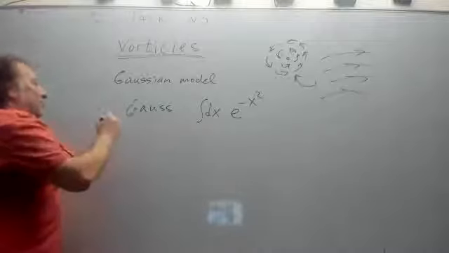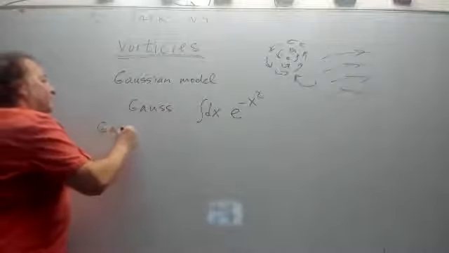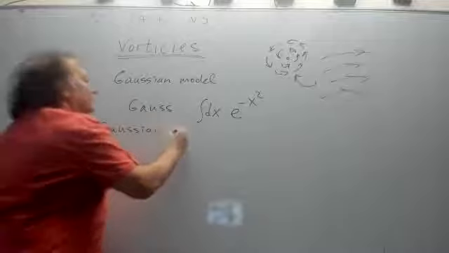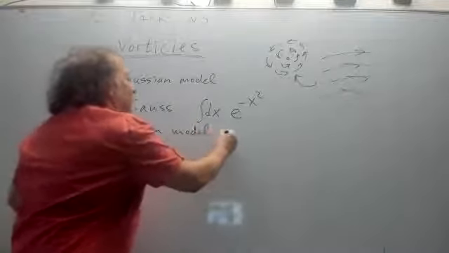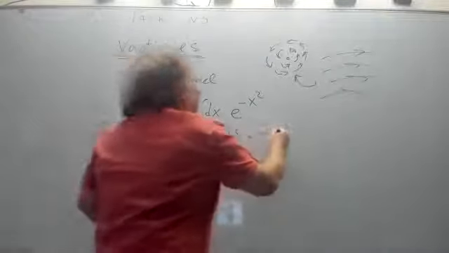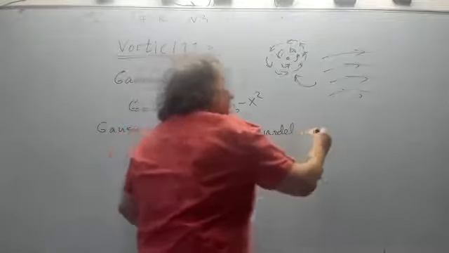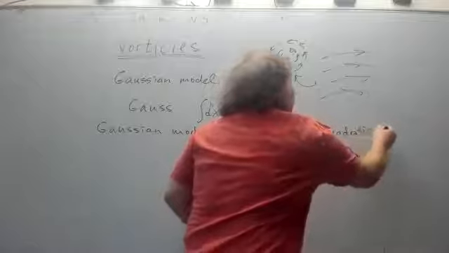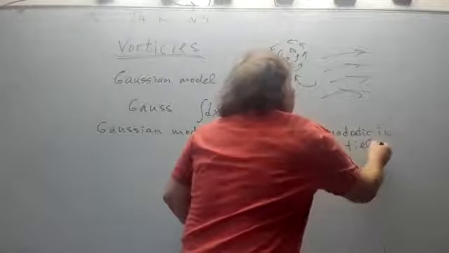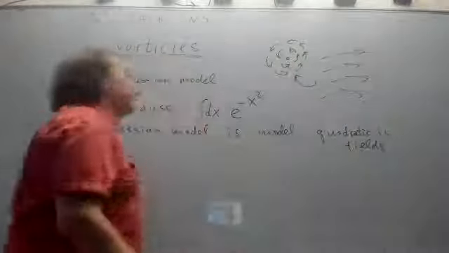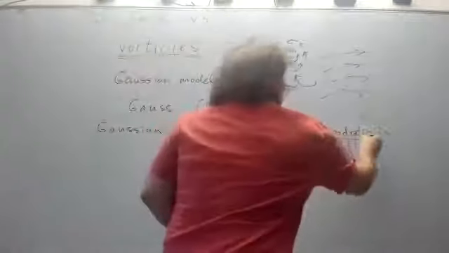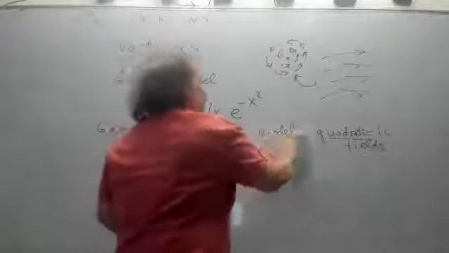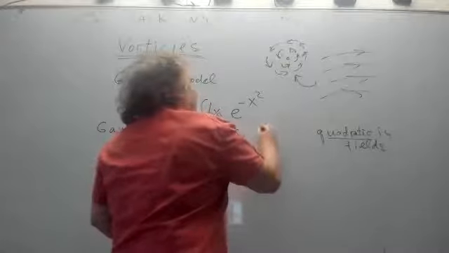Then people say that the Gaussian model is a model that is quadratic in fields. What does that mean, a model quadratic in fields? Action.